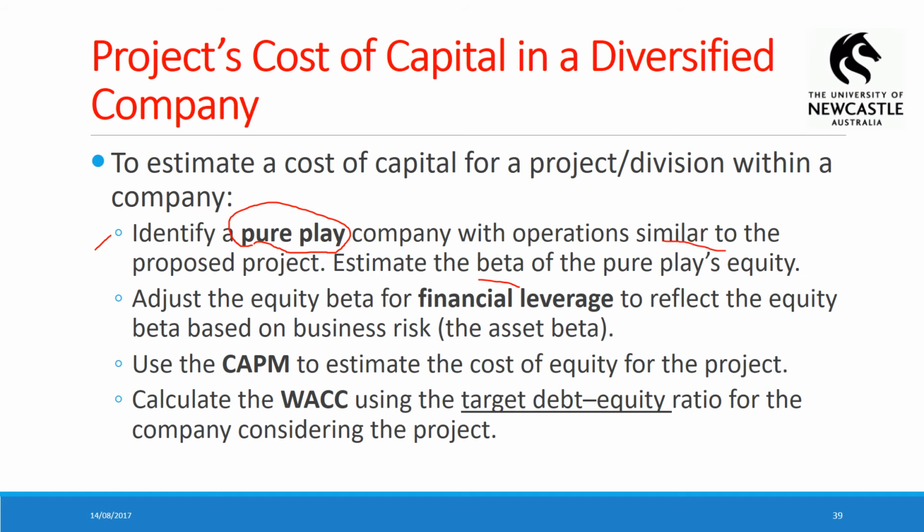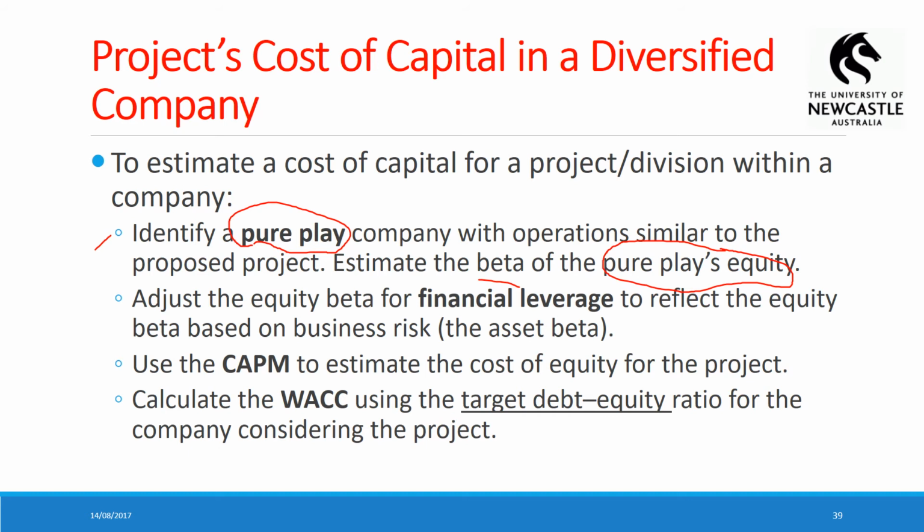Now, because the risk of equity is comprised of business risk as well as financing risk, this is what we established from the previous topic, where we say that the shareholders bear all the financing risk. So the riskiness of the competitor's equity reflects both the business risk of the competitor as well as the financing risk of the competitor.